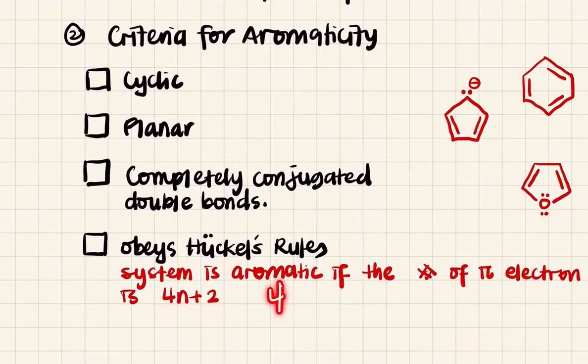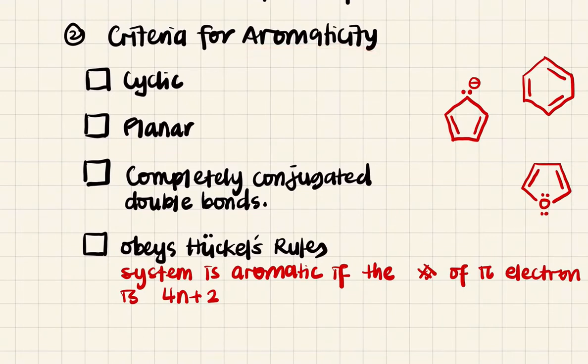So contoh kalau awak kira macam ni, 4 plus 2 dapat 6 pi electrons. So maksudnya dia obey Huckel's rule. Kalau ada 4 pi electrons, obey tak Huckel's rule? Tak, okay. So maksudnya awak ada 2, 6, 10 and so on. Kalau dia obey Huckel's rule guna formula ni, baru kira aromatic compound.